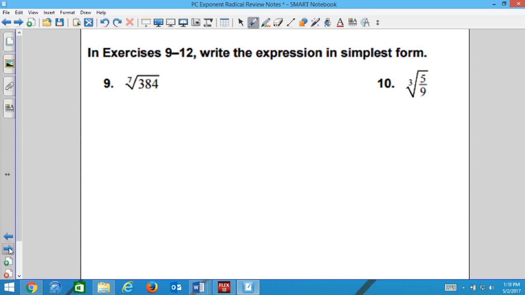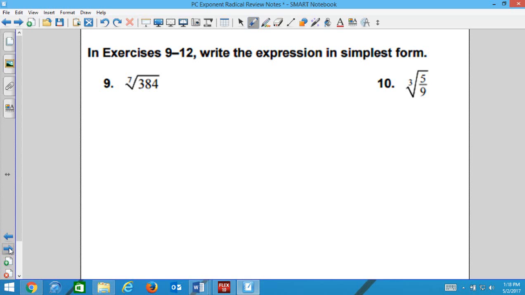So number 9 is the 7th root of 384. On this assignment, for the stuff that we're doing today, I think it's okay if you need your calculator to calculate the 7th root of 384. I think it's okay today to start using your calculator again. If you type in the 7th root of 384, you will find out it is a decimal.